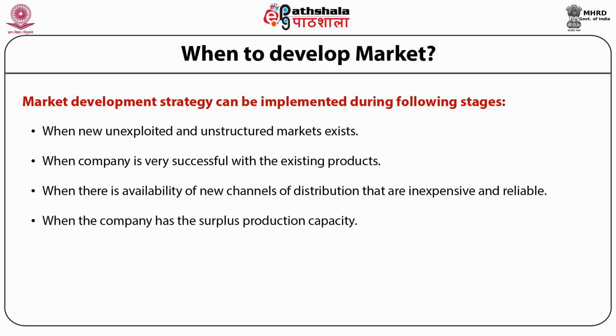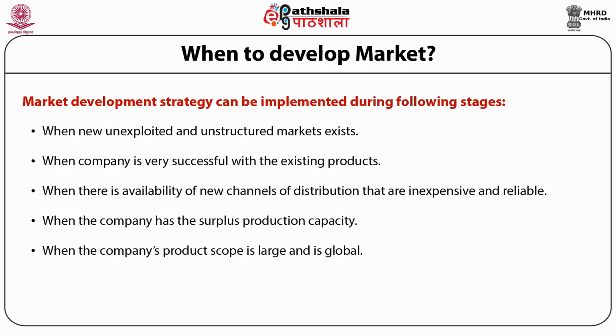When the company has surplus production capacity, so if you have surplus production and your existing markets are not consuming that much, in that case you don't have a choice, you have to expand your market and go for the market development strategy. When the company's product scope is large and global in nature, right? For example, a company like Uber has a very innovative product at hand and they can go in for global markets.